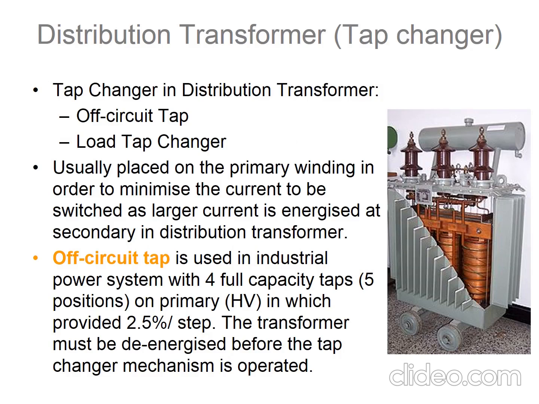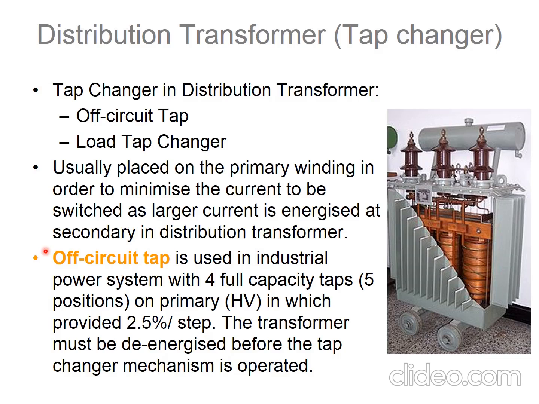Next we go to the distribution transformer tap changer. The first one is the off-circuit tap changer, and then the load tap changer. The off-circuit tap changer is usually placed on the primary winding in order to minimize the current to be switched, as larger current is energized at the secondary in a distribution transformer.